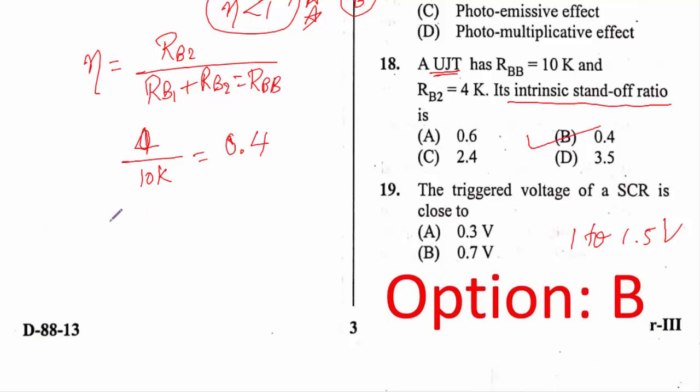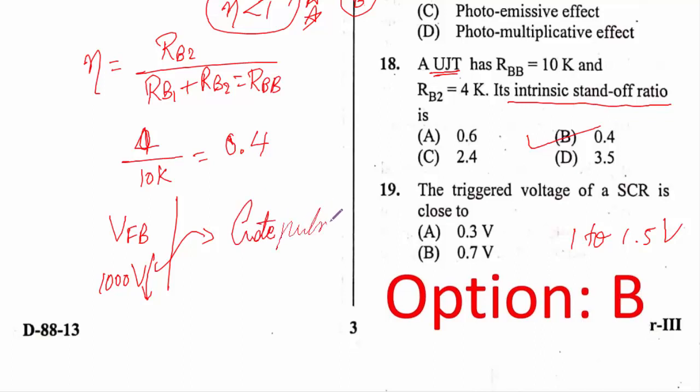So in the case of SCR or a thyristor, you need to be very much familiar with respect to these two terms, that is forward blocking voltage. In order to reduce this forward blocking voltage, because it is of the order of thousands of volts, so in order to reduce it, what we are going to do is we are going to inject gate pulses.